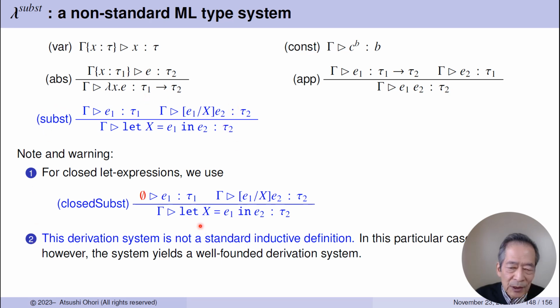This is one note. The warning is the following. This rule, subst, and this derivation system, is not a standard inductive definition because this expression is unboundedly, well, you can find some bound, but intuitively, on the face of it, this expression is potentially strictly larger than the conclusion expression, and therefore this rule is not an inductive definition, and you can't immediately get the inductive closure of derivation trees we learned in the second lecture of this lecture series.